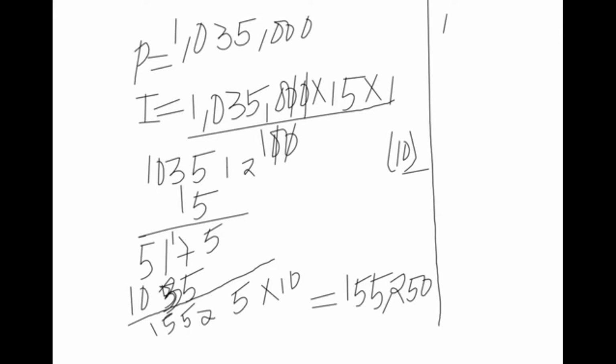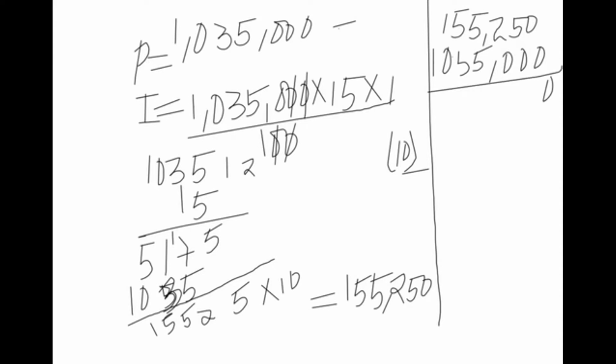So we have 155,250 plus 1,035,000. So this is 0, 5 plus 0 is 5, 2 plus 0 is 2, 5 plus 5 is 10, we carry 1.